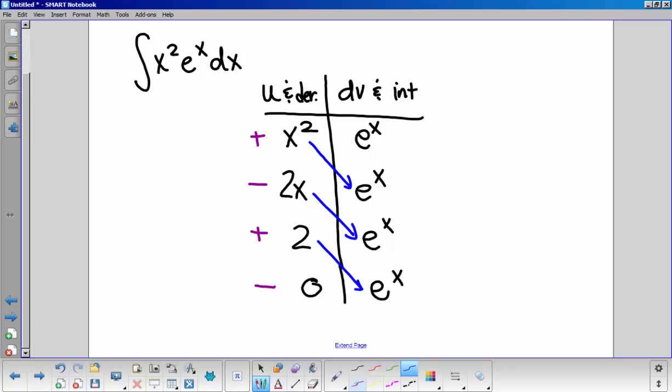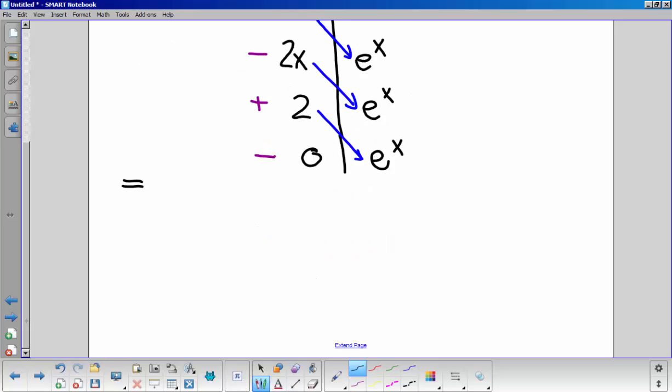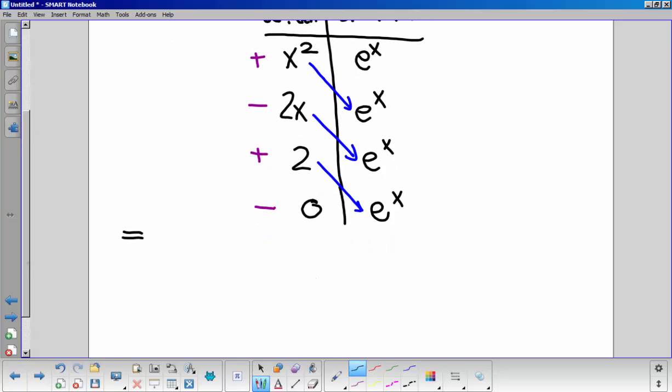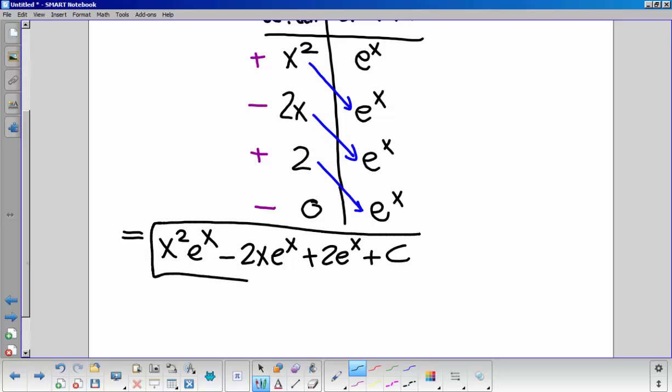All right, so let's read what our solution is. x squared e to the x, minus 2x e to the x, plus 2 e to the x, plus the cupcake. Now is that easier? Yes. Much easier.